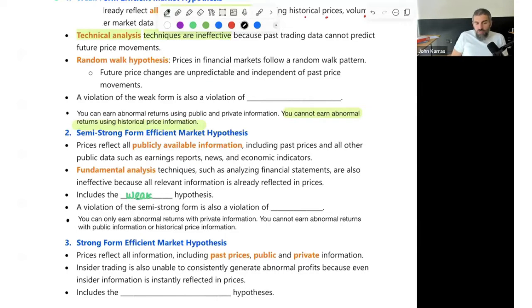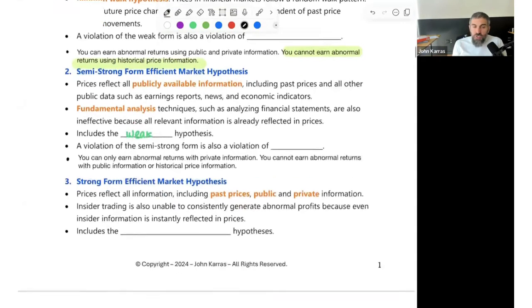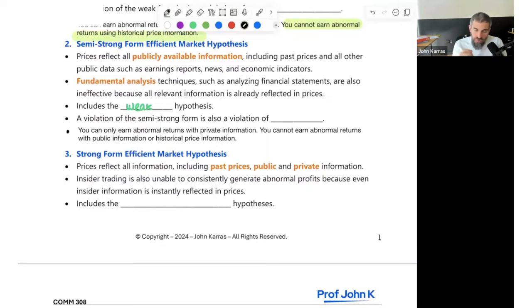And then you've got the strong form, which in real life, very few people, if any, truly believe in this level. It's just to complete the theory. This is the true efficient market hypothesis that says that all information, that is past prices, public and private, is already reflected in the price.